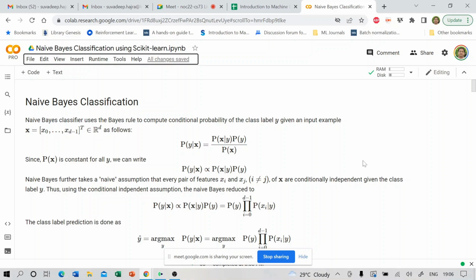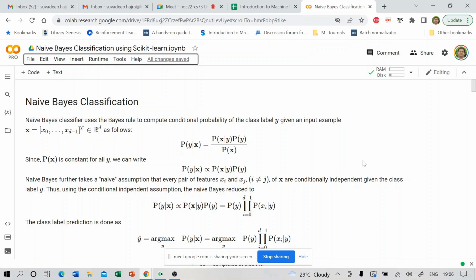First of all, the naive Bayes classifier is a generative classifier, which means that it models the probability of x given y, that is, the probability of the features given the class. Then it uses the Bayes rule to obtain the probability of y given x.